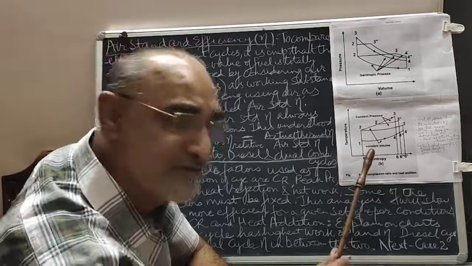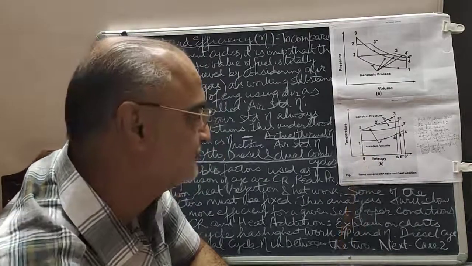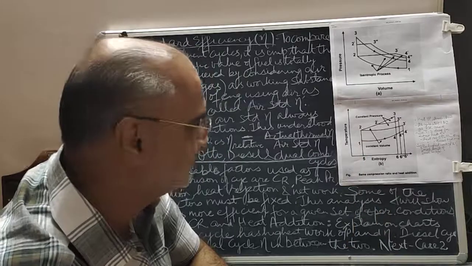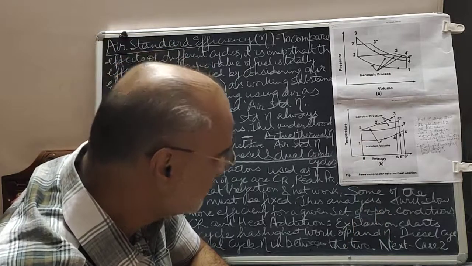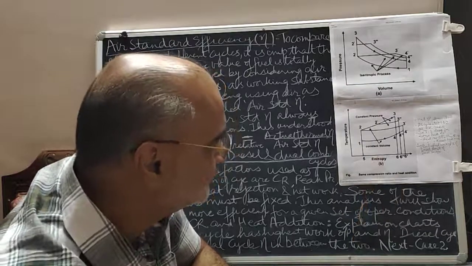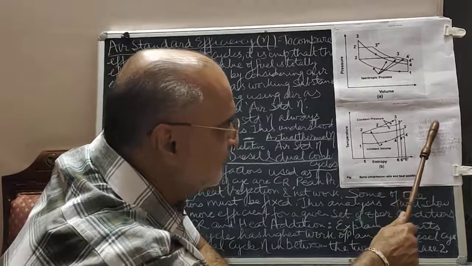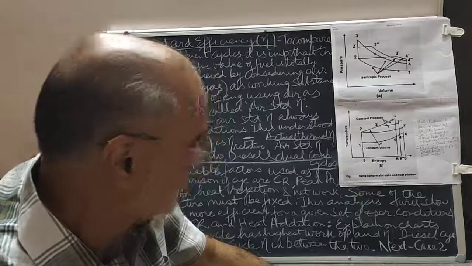This is the actual analysis carried out in the laboratory, and we get this graph. So we see from the temperature entropy diagram that all the heat inputs are the same.